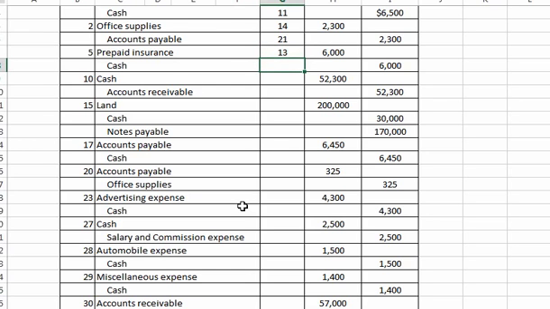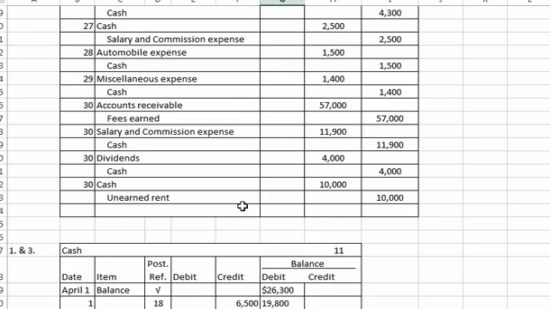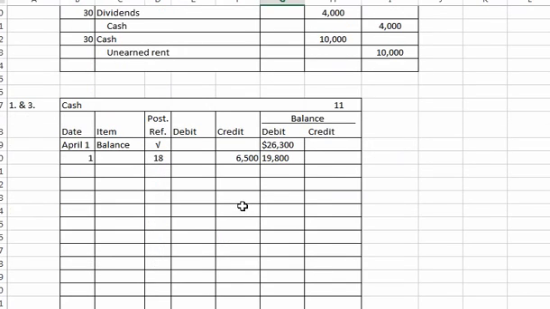On the 5th, we have a credit to cash for $6,000. So we'll put in a 5 for the date. 18 is your journal page number. And that's a credit to cash on the 5th for $6,000. Now we just look to the most recent debit balance.